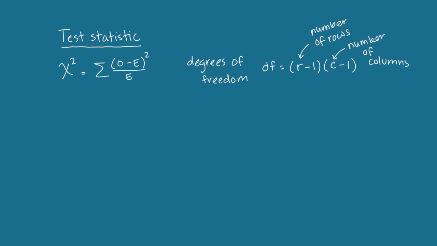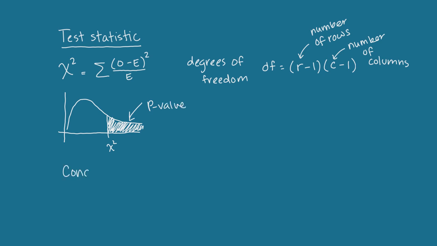So once you've calculated your test statistic, you want to plot your test statistic on a chi-square distribution and calculate your p-value. So again, we'll have a right-tailed test for our test of independence. And so that shaded in area is my p-value.